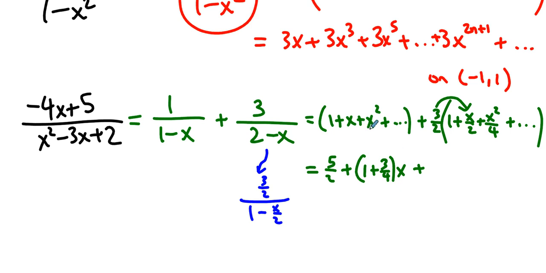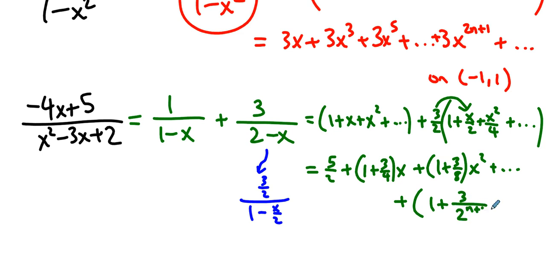And then there's a 1x squared and a 3/8 x squared. So that's 1 plus 3/8 x squared and so on. So what's the generic term? The generic term is 1 plus 3 over 2 to the n plus 1 times x to the n, and it goes on.